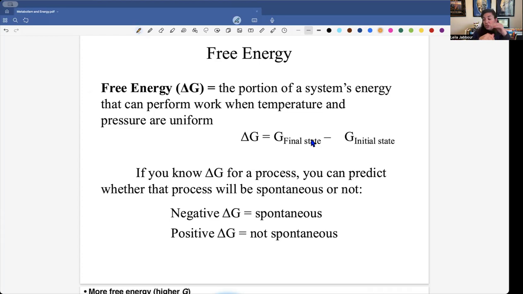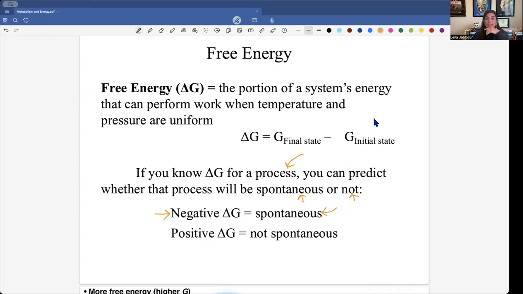So if you know delta G for a process, you can predict whether that process will be spontaneous, whether it will happen towards randomness, or not. A negative delta G will produce a spontaneous chemical reaction.